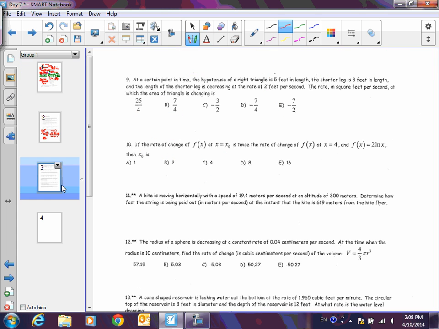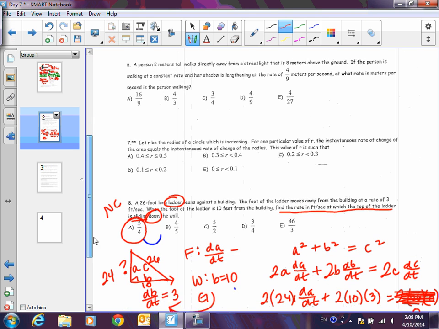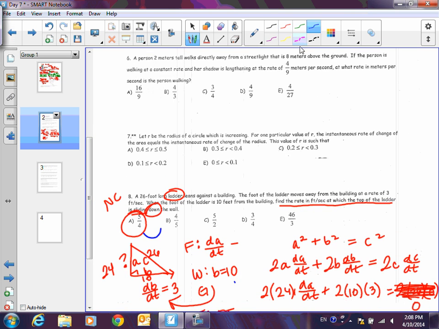All right, turn the page and let's look at number 6. This is the last one we're going to do today. First of all, you have 5 seconds left on the AP test. You have no time to read this problem.